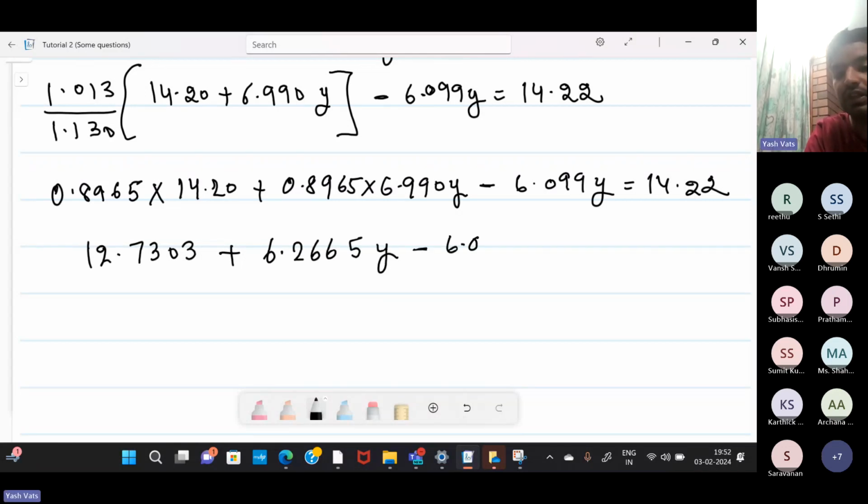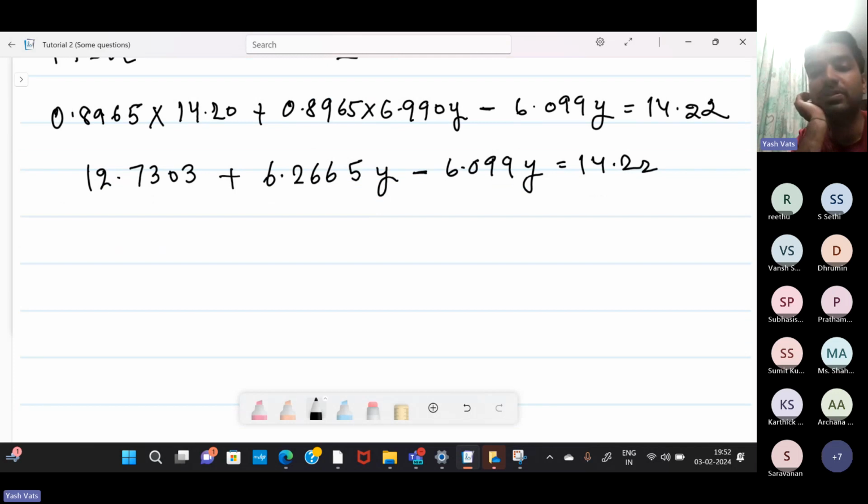Minus 6.099y equals 14.22. Easy. So we just subtract from 14.22 minus 12.7303. This is 1.4897 on the right side.